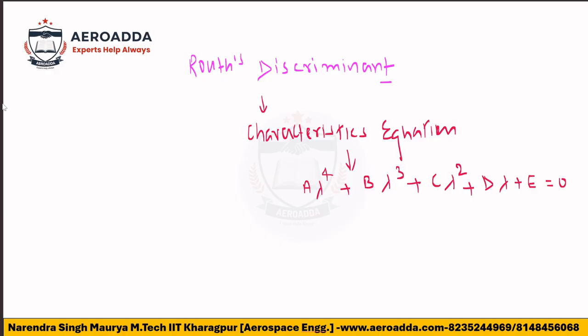Now, to check what type of longitudinal dynamic it is, whether SPO or LPO, we have to check with the help of this Routh discriminant. If you check here, A, B, C, D are constants.